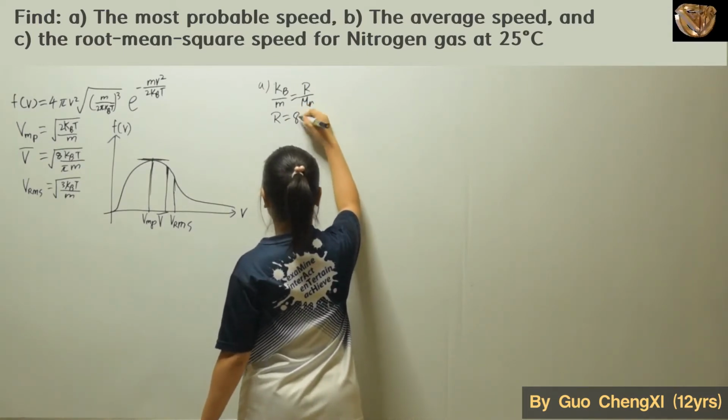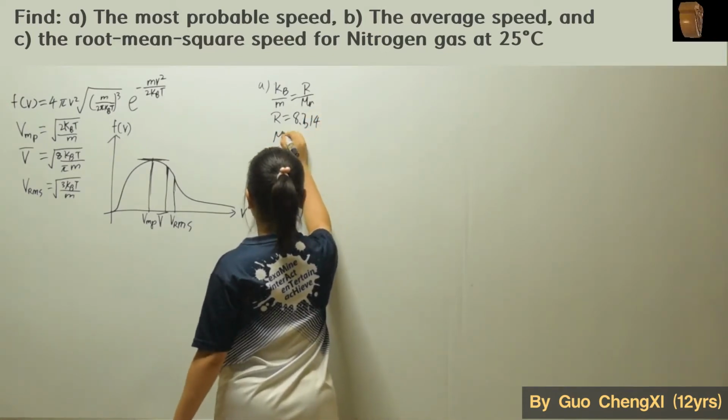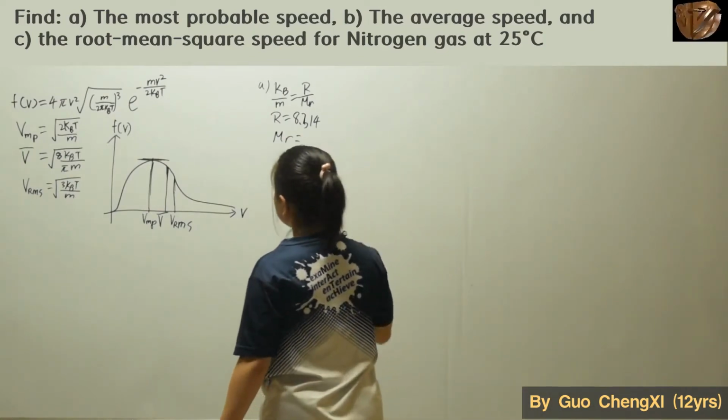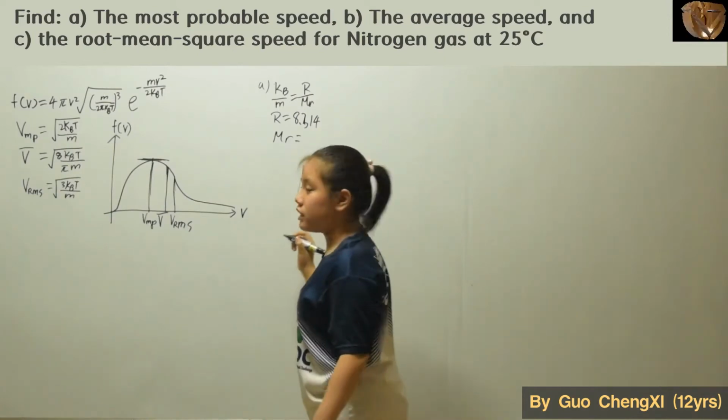R is 8.314. For the molar mass, as you can see, nitrogen gas is N2. So what is N? N is basically 14 grams.